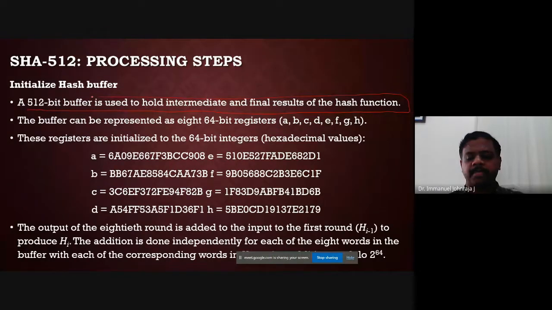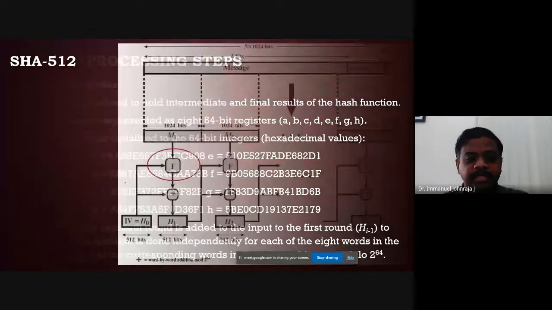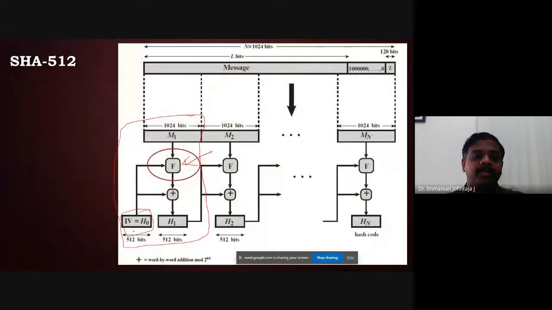All right, so you should remember that initially you got some value that is called the initial value or initial vector. So it has a buffer value. What is that buffer? Buffer is a place to hold the data, some registers, right? So this buffer is going to have size 512 bits, and this value is going to be changed all the time.